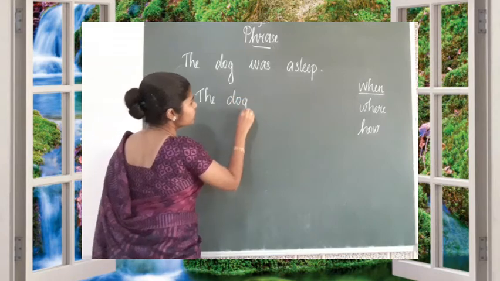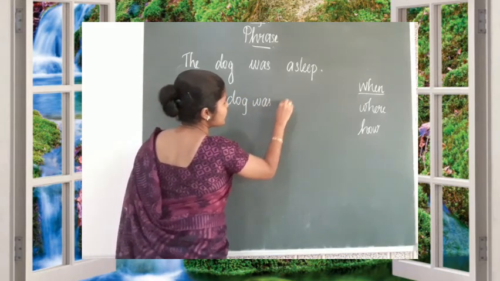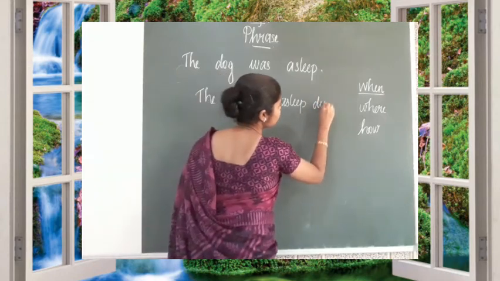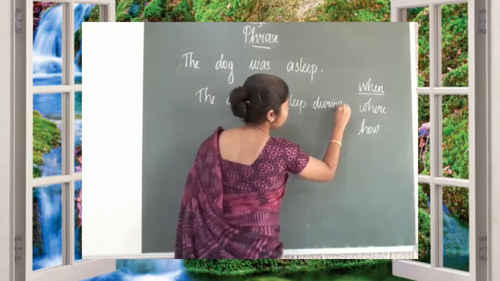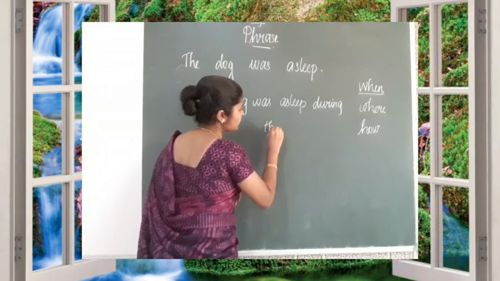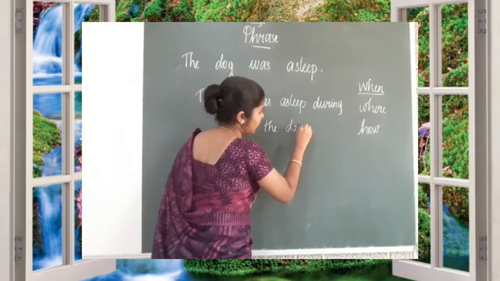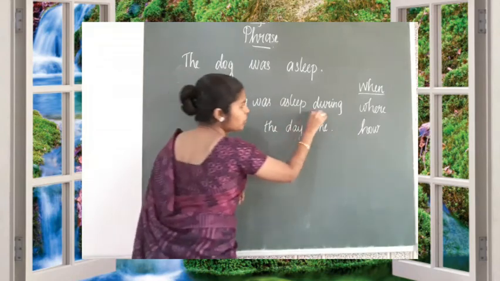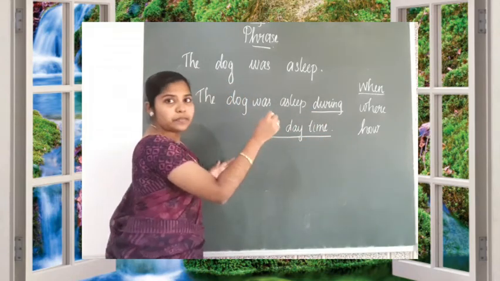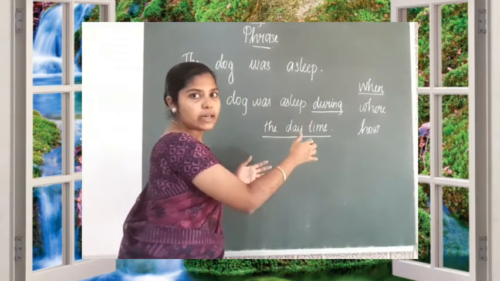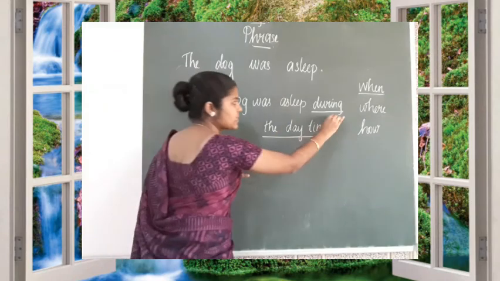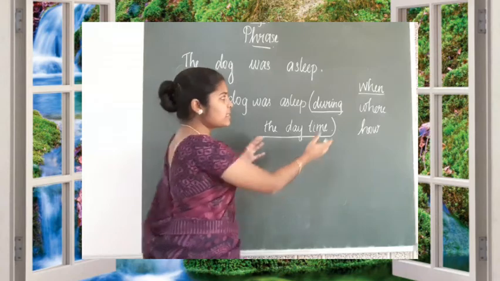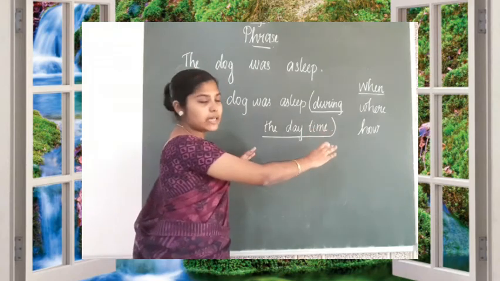The dog was asleep during the daytime. During the daytime is the phrase we are adding here. This particular phrase is a group of words, a part of this complete sentence.